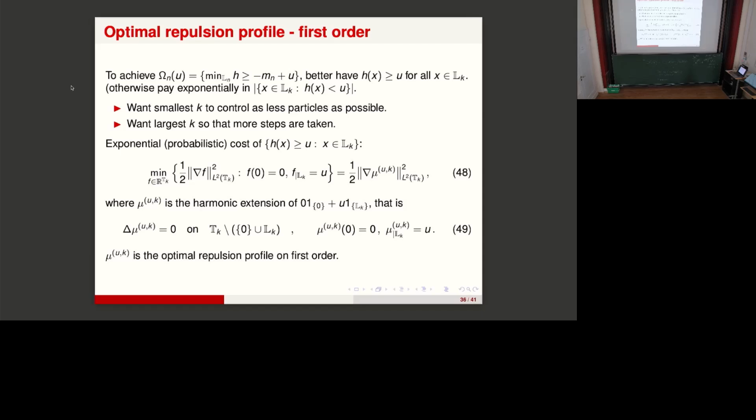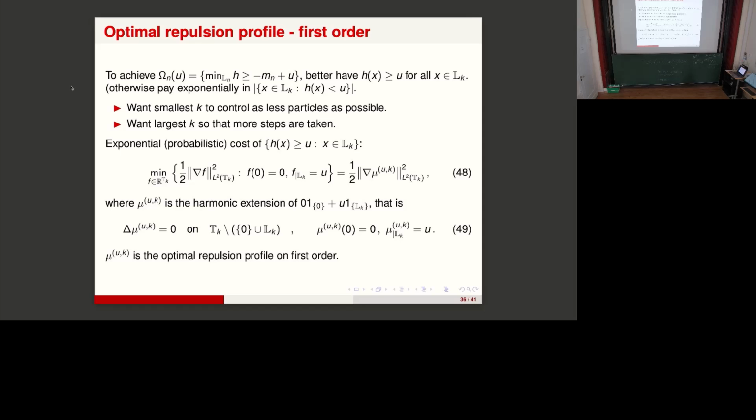It turns out that the best way to go from 0 to u and minimize this Dirichlet energy is to take the harmonic interpolation between 0 and u. This is what I call u_k, the harmonic extension from 0 at the root to u at the leaves lk. This expression is precisely the tree version of the capacity that I talked about before.